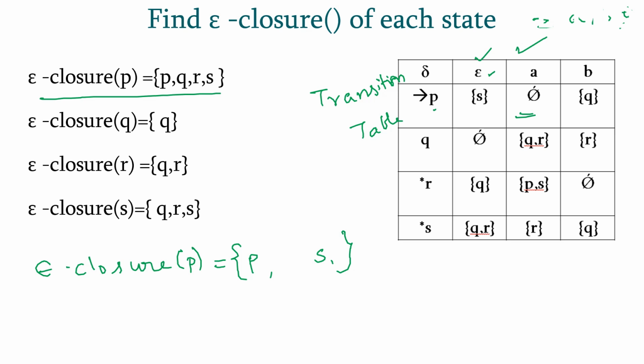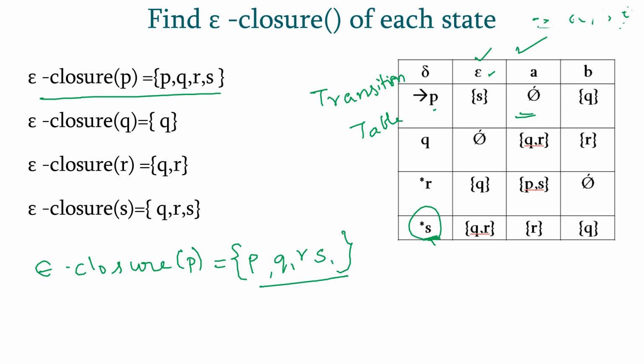Yes, we have an epsilon move and it goes to q and r. On q and r we don't have epsilon moves, q goes to the null string and this is q already, so this is pqrs.